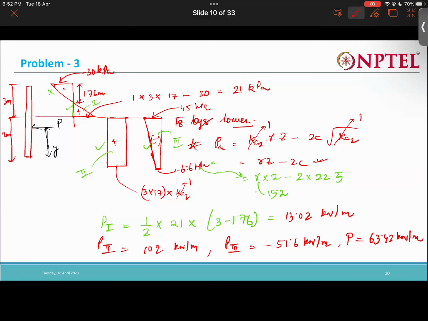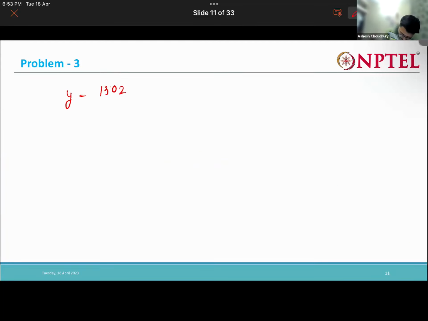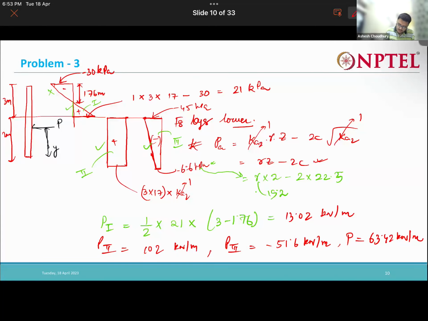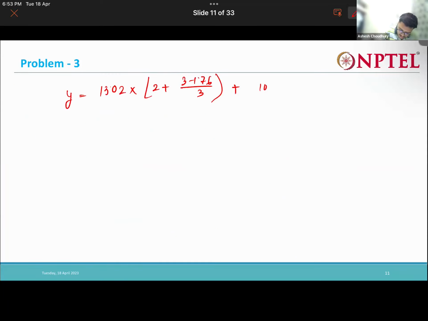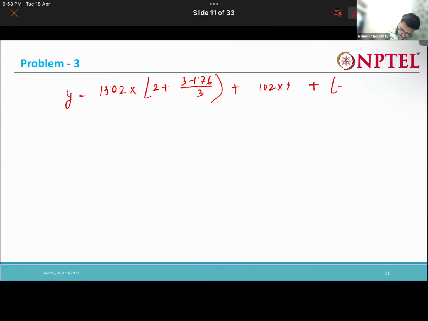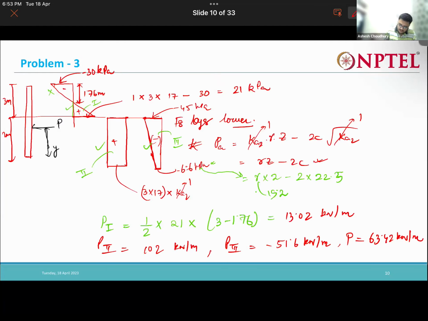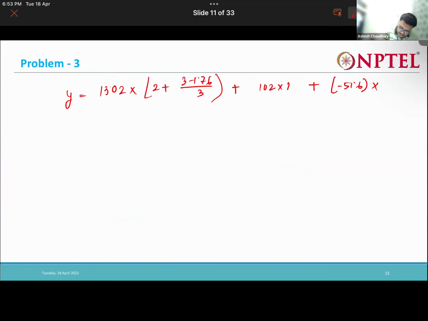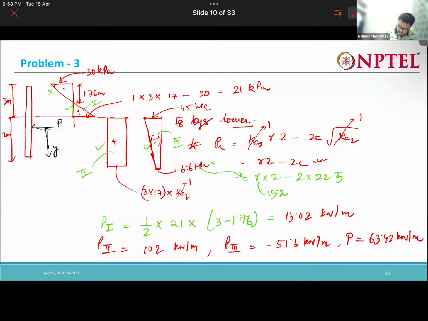First is this triangle: 13.02 into 2 plus (3 minus 1.6) by 3, plus 102 into 1, plus minus 51.6 into the center of the trapezium, which will actually be 1.24, divided by 63.42.